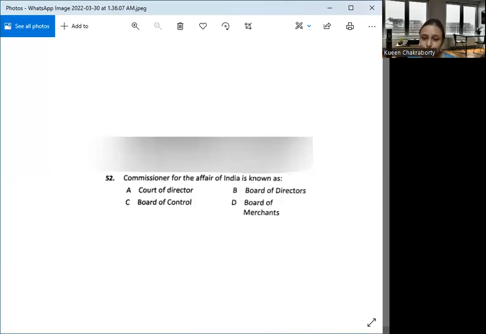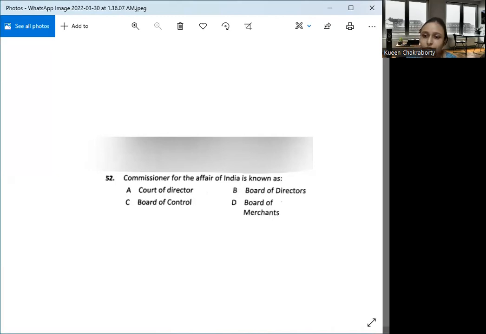That's Board of Control. Pitt's India Act was an act of the Parliament of Great Britain intended to address the shortcomings of the Regulating Act of 1773. With the act, the East India Company's political functions were separated from its commercial functions.